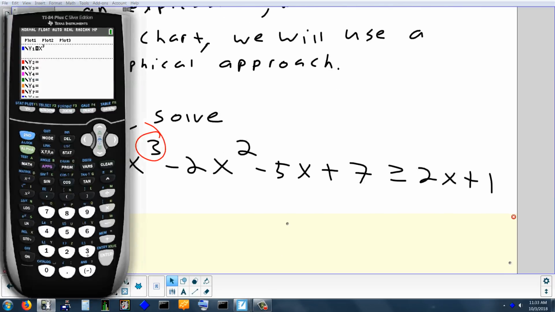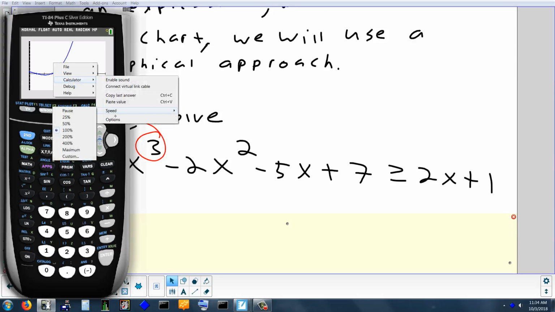We got x cubed minus 2x squared minus 5x plus 7. So I want to know where the graph in blue is above or equal to the graph in red.